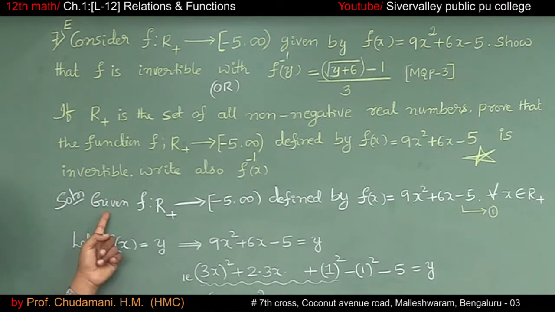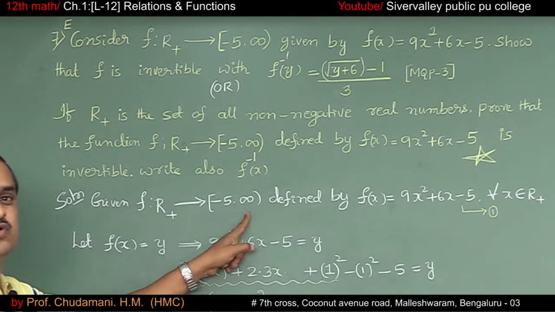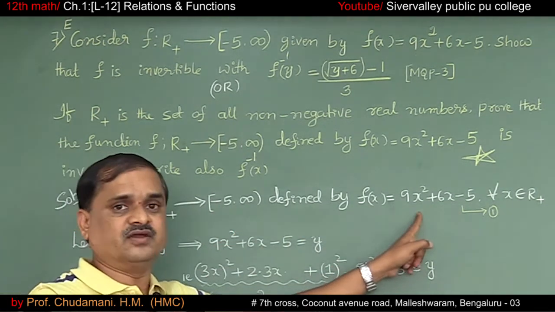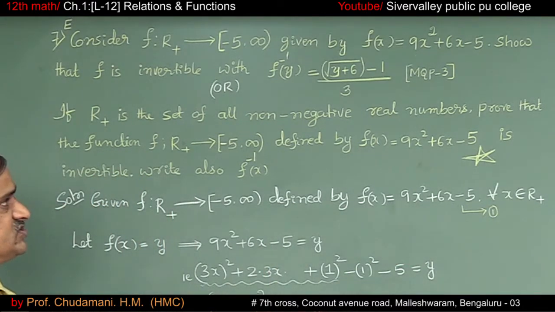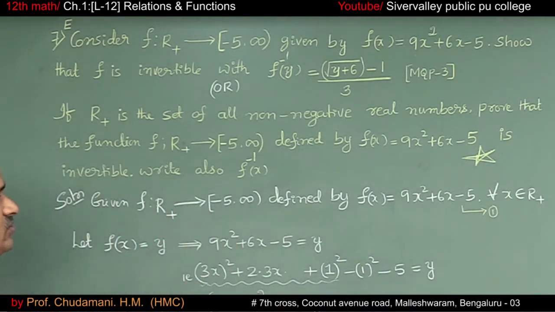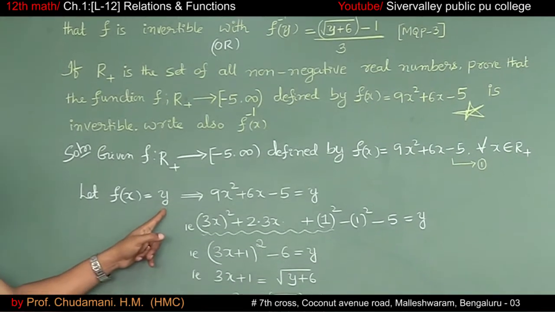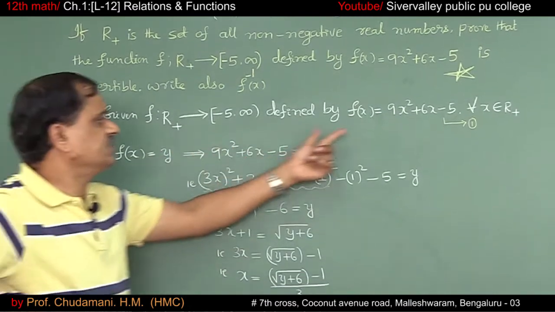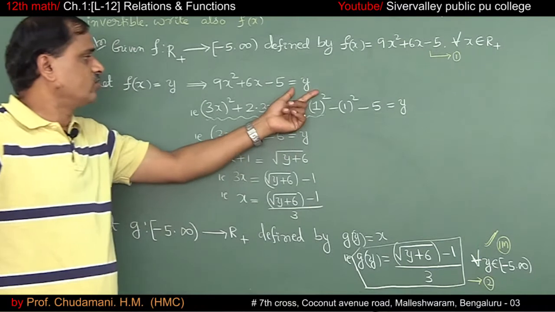Solution. Given f from R plus to the closed interval minus 5 comma infinity defined by f of x is equal to 9x square plus 6x minus 5. Say this is equation 1, for all x belonging to the domain, the set of positive real numbers. Let f of x be equal to y. What is f of x? 9x square plus 6x minus 5 is equal to y.